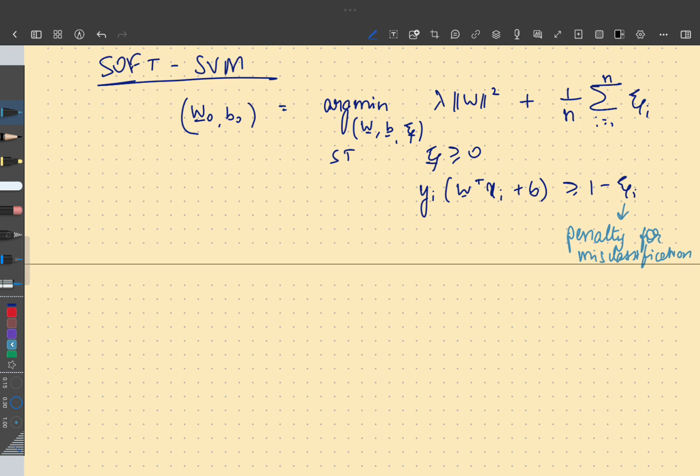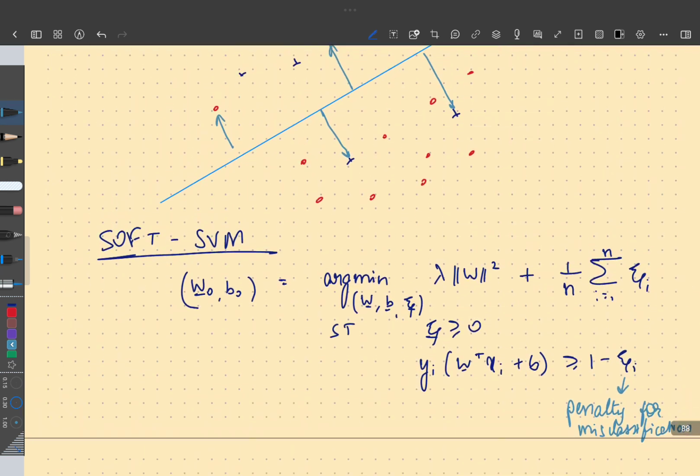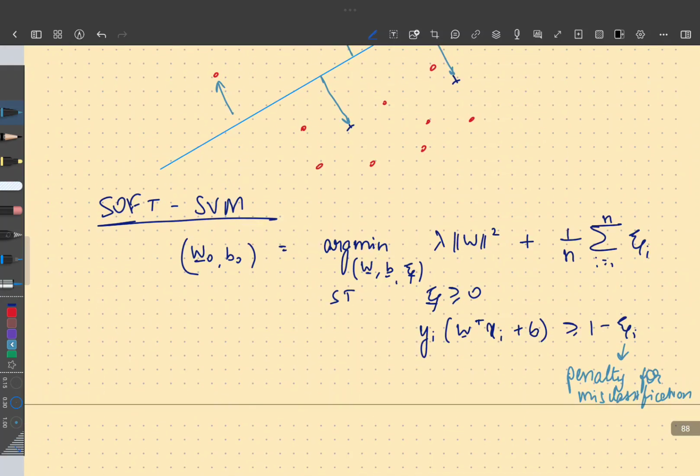Any questions? Like how is the error working? What is the intuition? So the intuition is, what does this objective function correspond to?